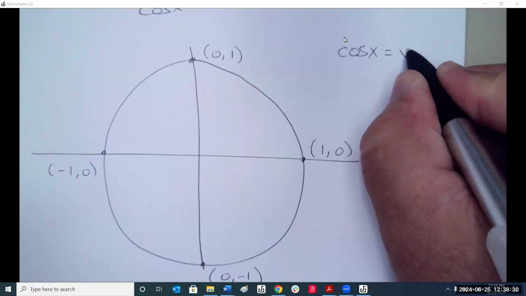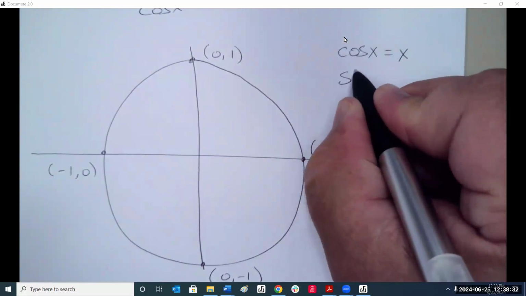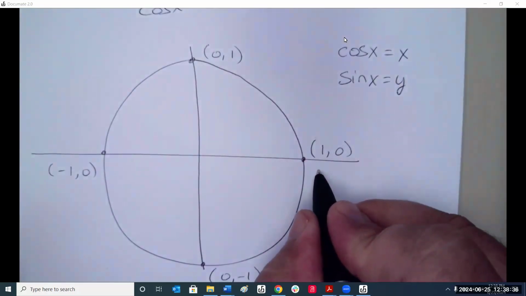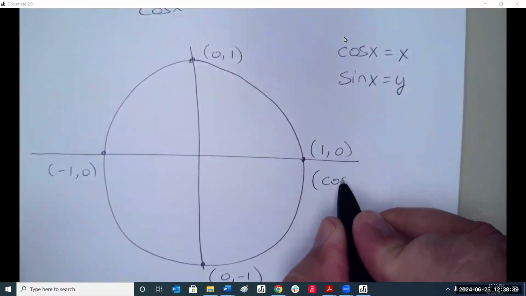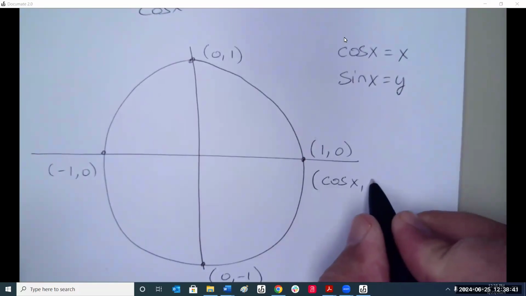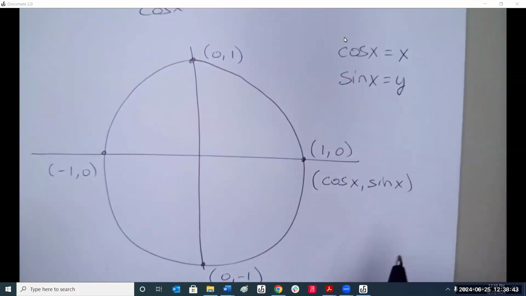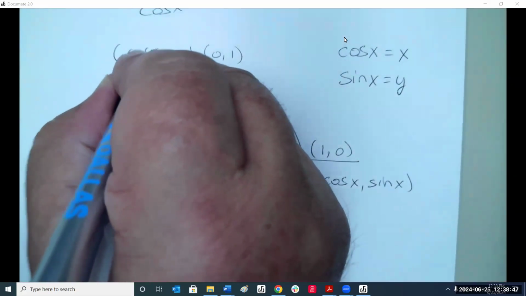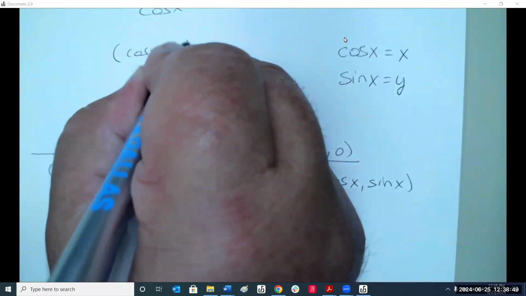Cosine x is the x component. Sine x is the y component. So that's cosine x, sine x. This is cosine x, sine x.